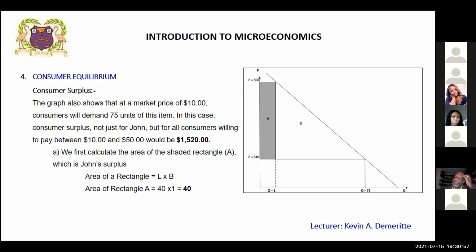That works out to the entire area under that demand curve. So that'll be A plus B. A is John, B is everybody else. So when you add them all together, you have John plus everybody.